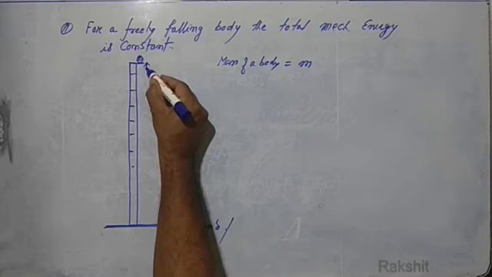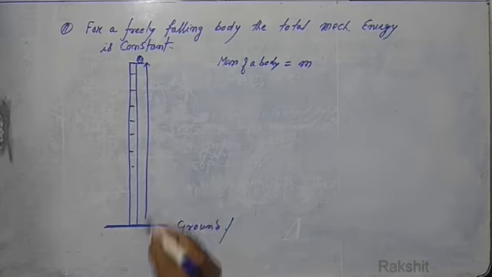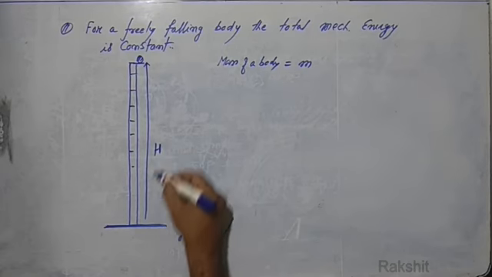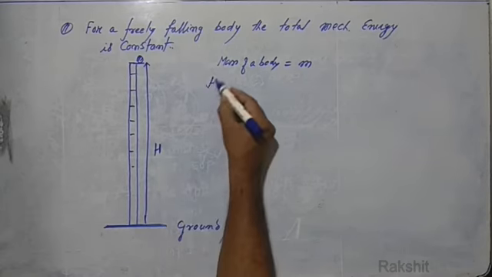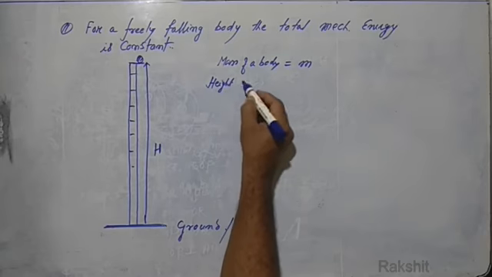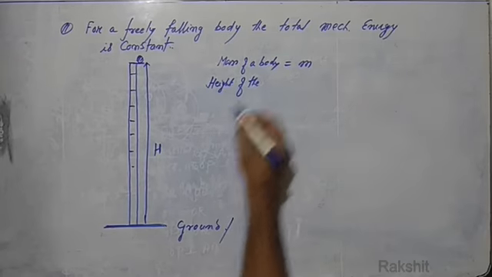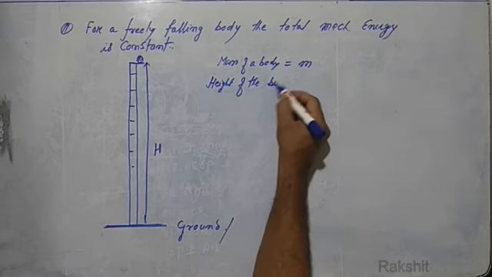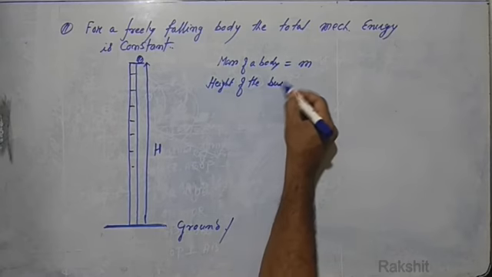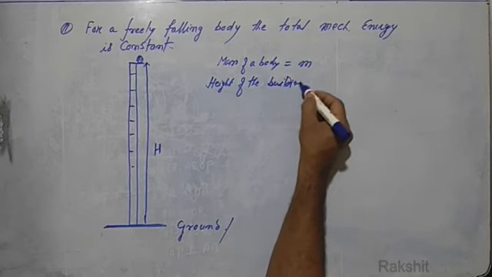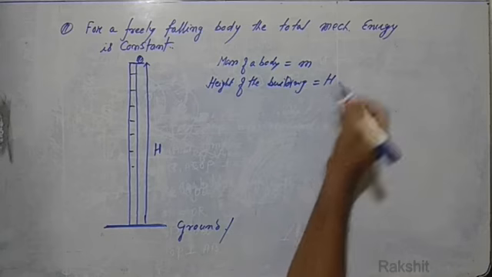The height of the building is capital H. Height of the tower or building is equal to capital H.